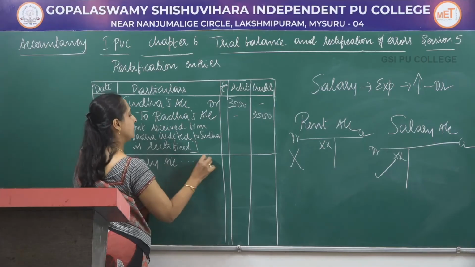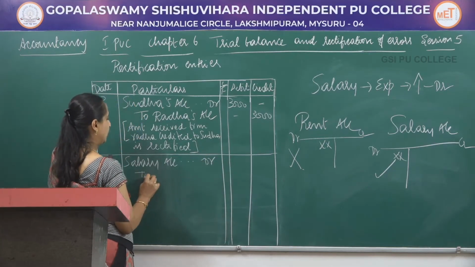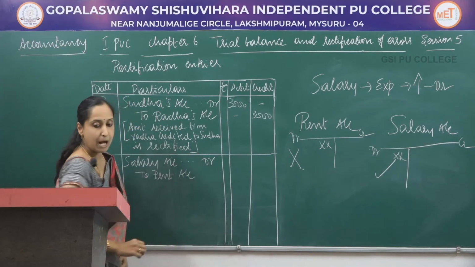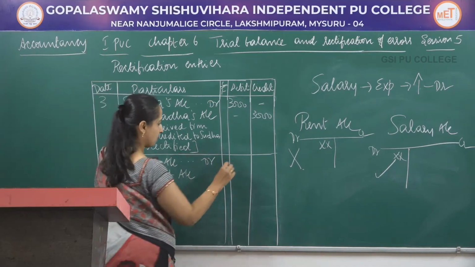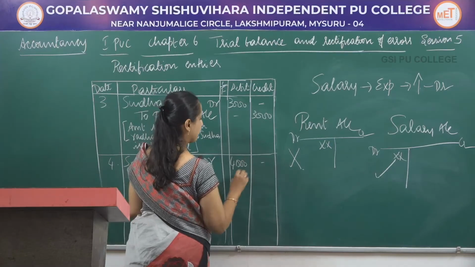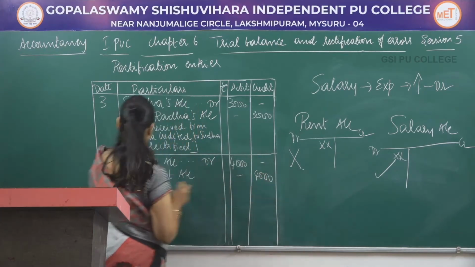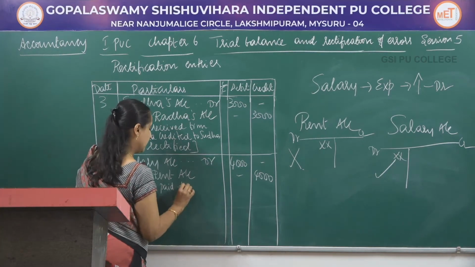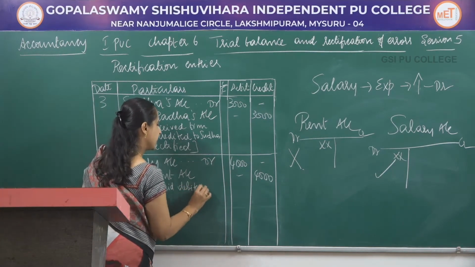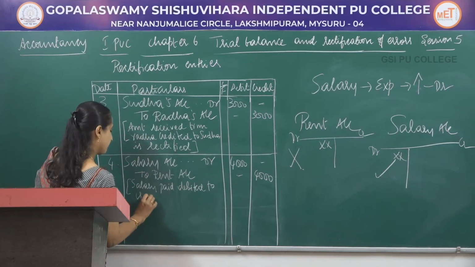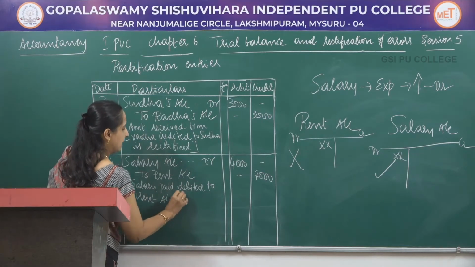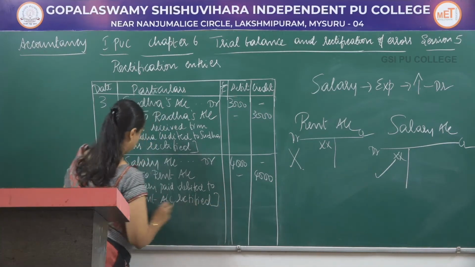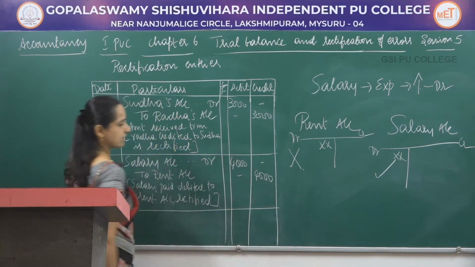Salary account debit to rent account. Amount is 4,000. Narration: salary paid debited to rent account, rectified. So this is the fourth transaction.